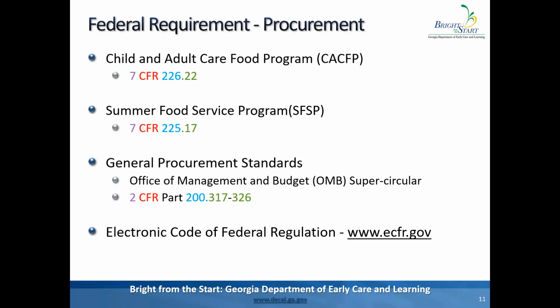And the general procurement standards, which govern all federal awards, can be found in the Office of Management and Budget, or OMB, Super Circular 2 CFR Part 200, 317 through 326, and this is what we are actually reviewing today. And for an electronic version of all of these federal regulations, they can be found in the Electronic Code of Federal Regulations at www.ecfr.gov.